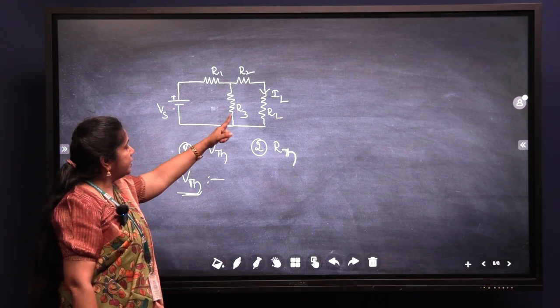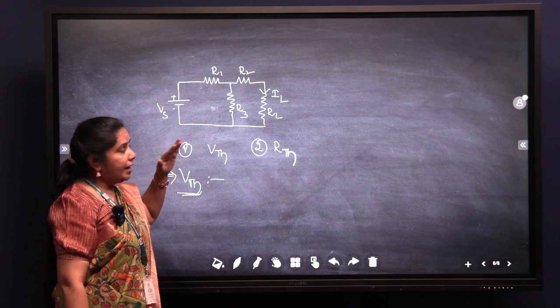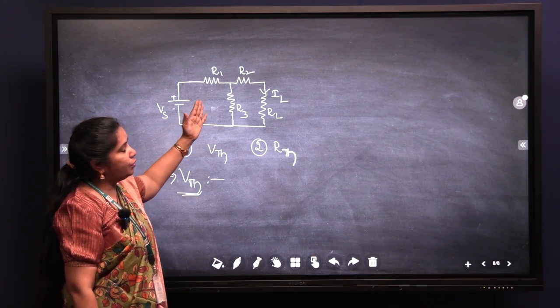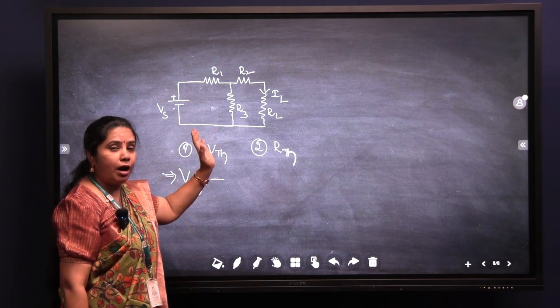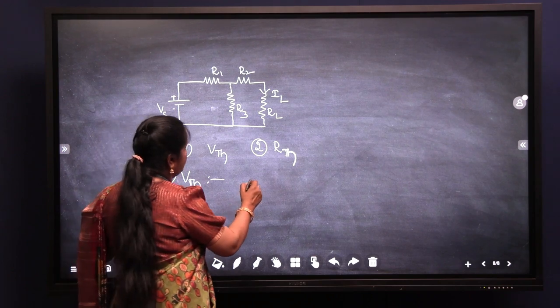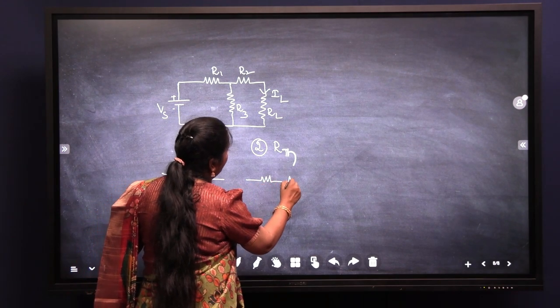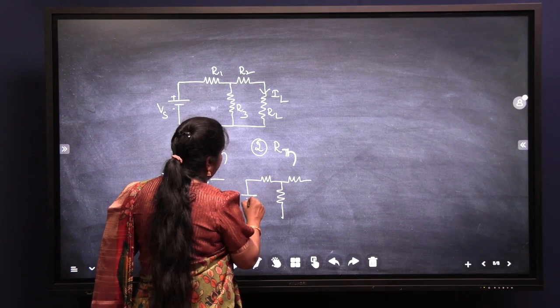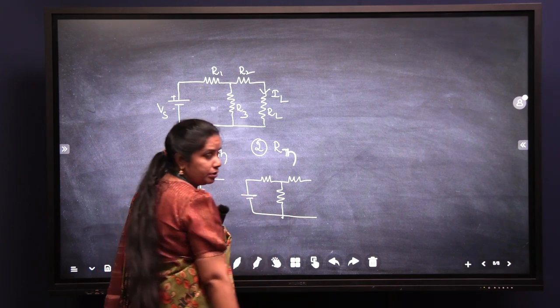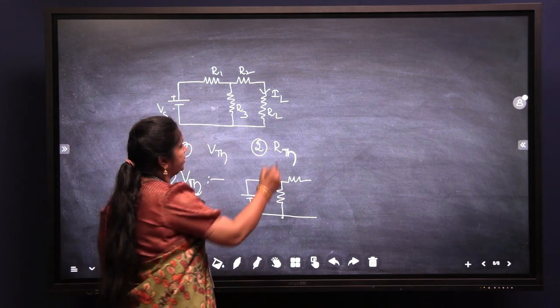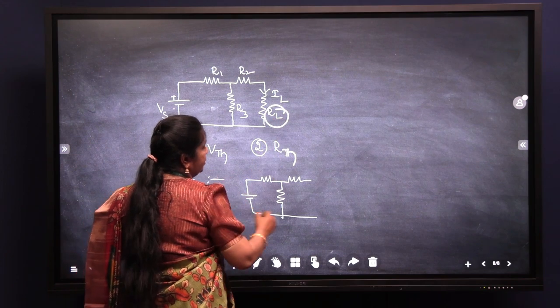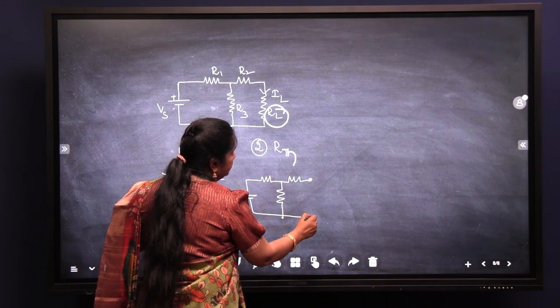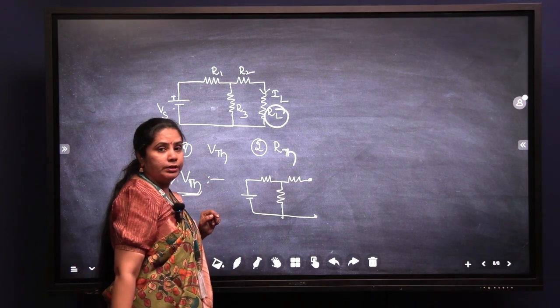Now first I will remove the load resistance and redraw my circuit as it would be once I remove the RL value. Just observe. Here I am removing the load resistance to calculate the Thevenin's voltage. So this is the actual circuit, and if you remove this RL resistance, you will get 2 open circuited terminals.